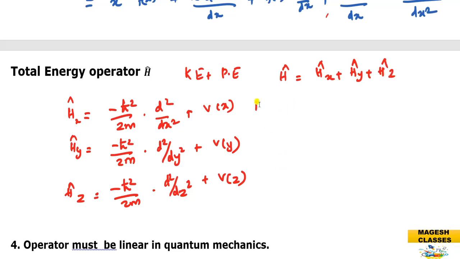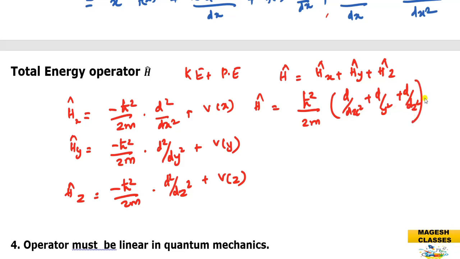So H total is equal to minus h squared by 2m del squared plus V, where V is Vx plus Vy plus Vz.